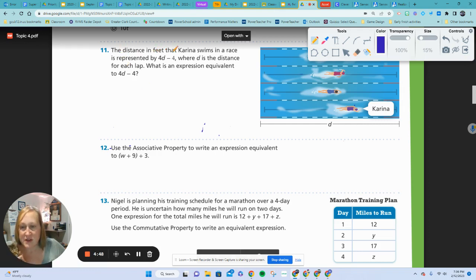The distance in feet that Karina swims in a race is represented by 4d minus 4, where d is the distance for each lap. What is an expression equivalent to 4d minus 4? Well, there's a lot of things that I can do here. I can do 2d plus 2d minus 4, which is an equivalent expression.